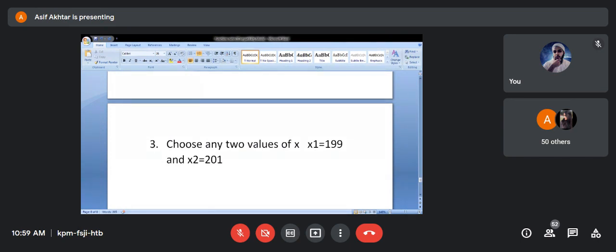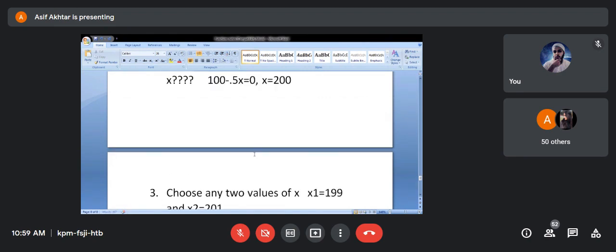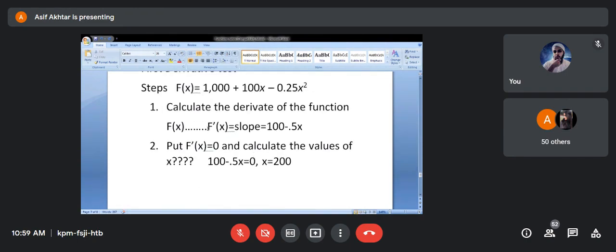After taking these two values, what we need to do is determine the value of f dash x at these two values. So step 4 is determine f dash x.